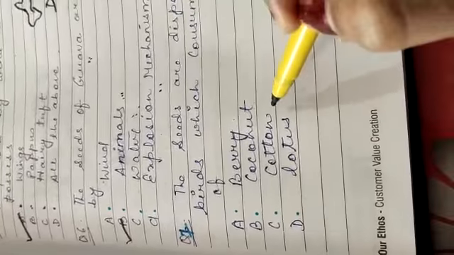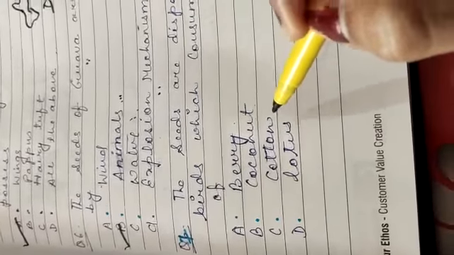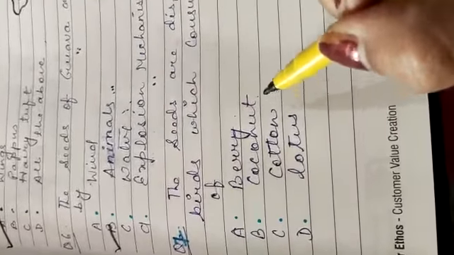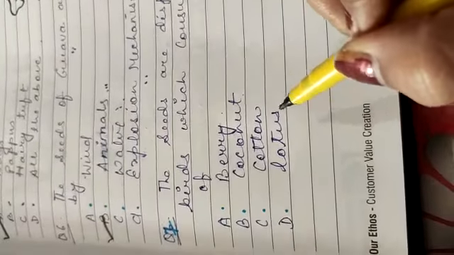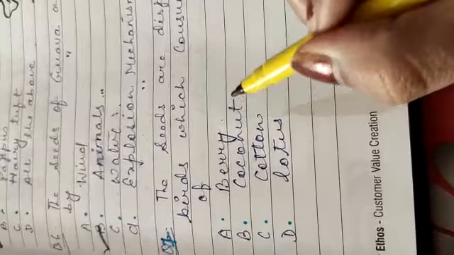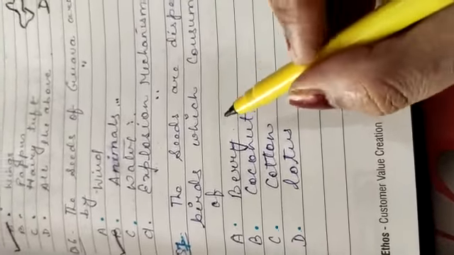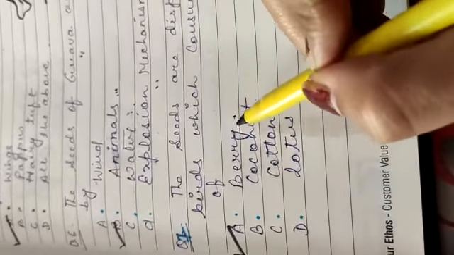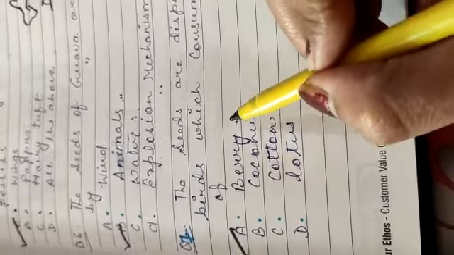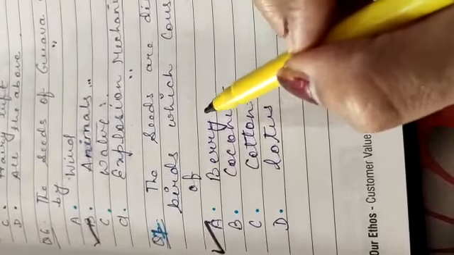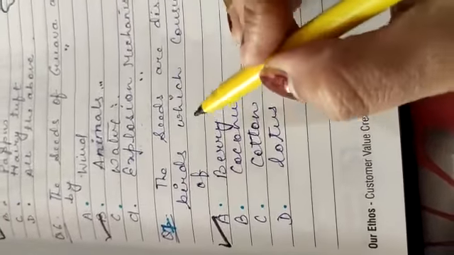Cotton has very light seeds, so the seeds are scattered by wind. Lotus is again near an aquatic medium, coconut is near an aquatic medium, then there are the berry seeds. Some birds sit on berry fruits and consume berry seeds. So the answer will be berry.